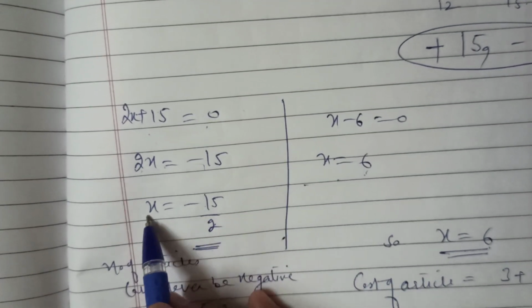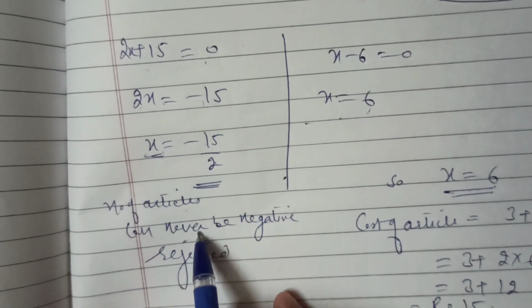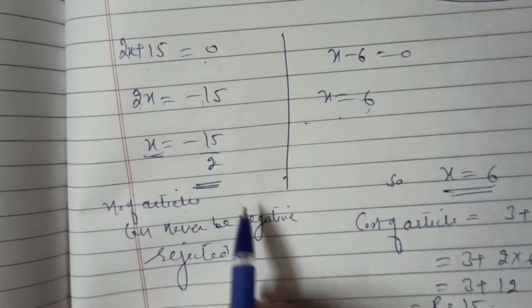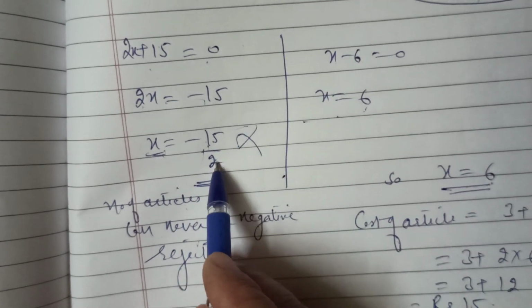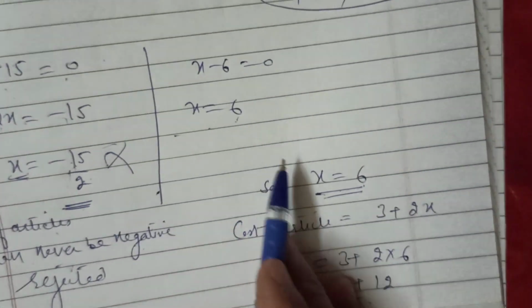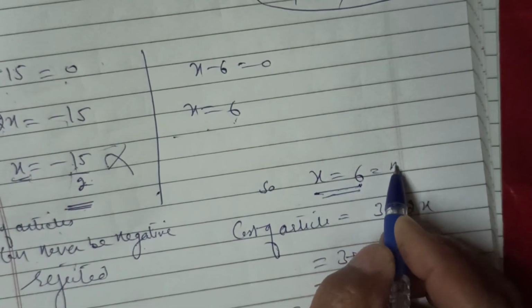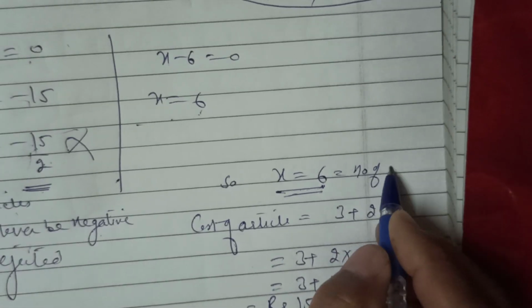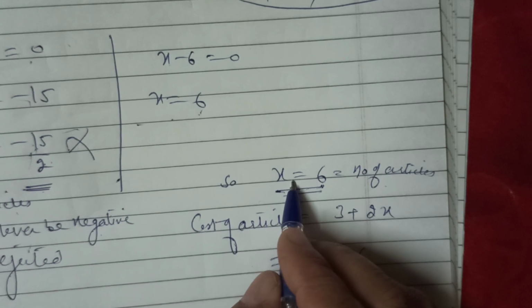But x is what? It is the number of articles. And number of articles can never be negative. So this value is rejected. So what is the accepted value? x is equal to 6. So your number of articles is 6.